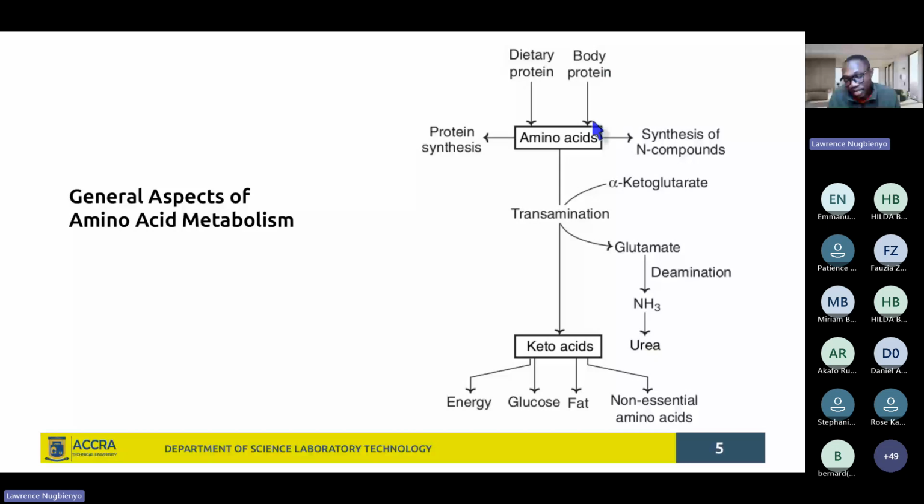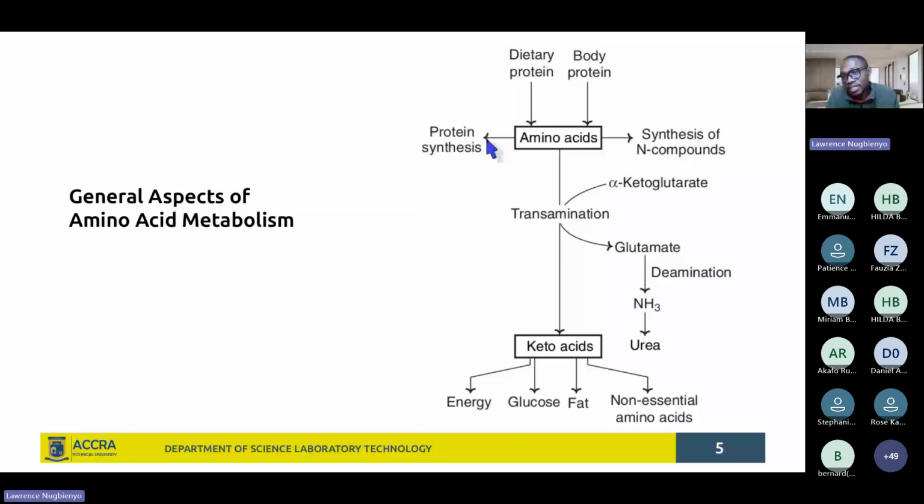So that is to say that you have that process of protein synthesis that I was referring to, where you have the messenger RNA coming from the cytoplasm, what you did in first year, and then a transfer RNA bringing the amino acids one after the other to form proteins. Those proteins are synthesized in the body. So you can get amino acids from the dietary proteins, what you eat, and the proteins that are synthesized in the body. And those amino acids can be recycled. So they go back into the synthesis of proteins again.